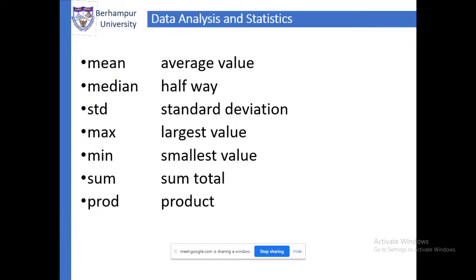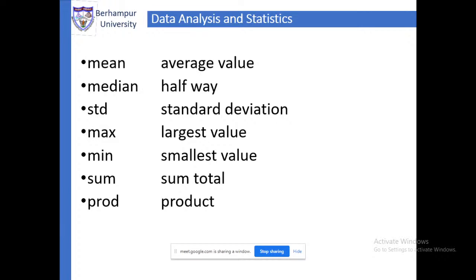Then if we are doing a statistical analysis of data, data analysis and statistics require certain MATLAB functions which are common to statistical functions. Like mean, which gives you the average value. So if you have 5 values, mean is add those 5 and divide by 5. Median is midway between these 5 values, which will be the third value. STD is standard deviation. It shows how much other values deviate from the average value.